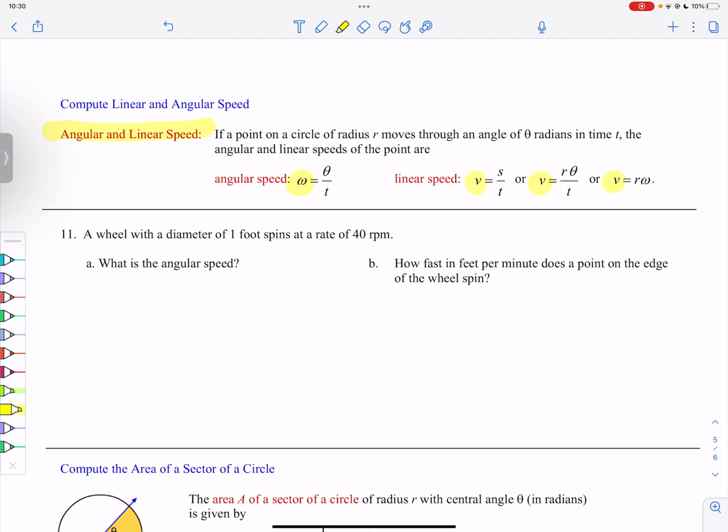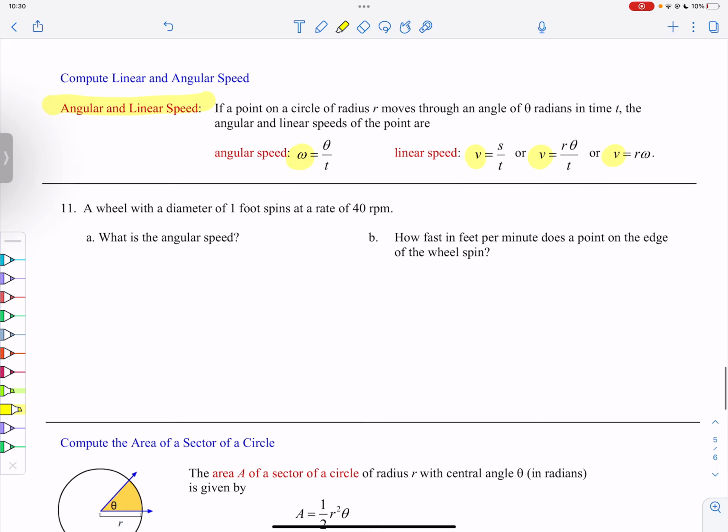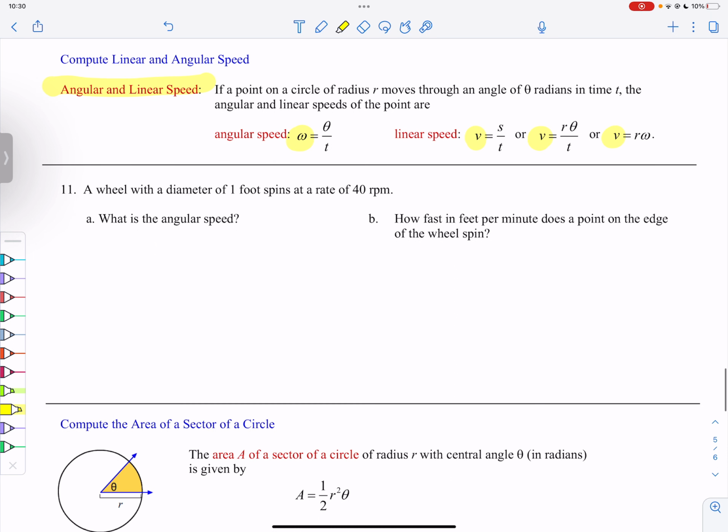Okay, so W and V. But so what will we have? We will give those a try. Angular speed is theta divided by t, which is the time, and linear speed is the arc length divided by the time. And of course, we know that S equals R times theta, and that's why we have this.